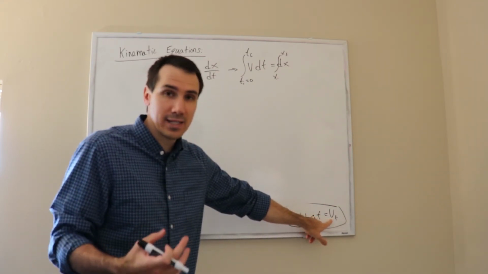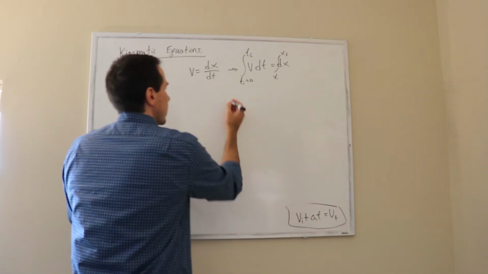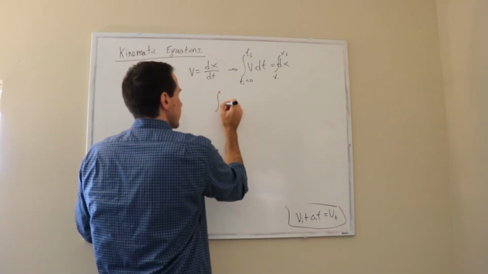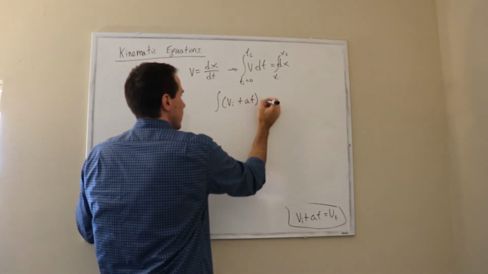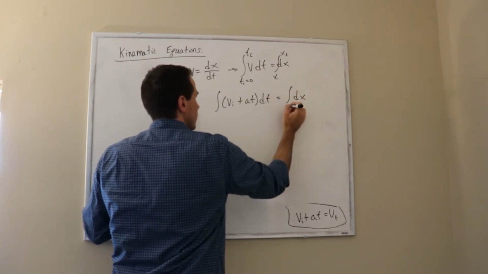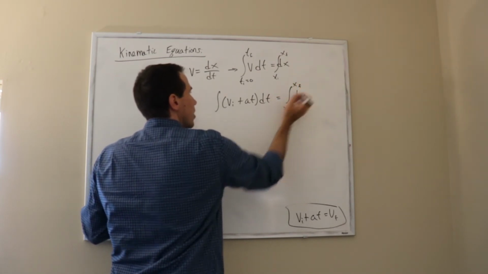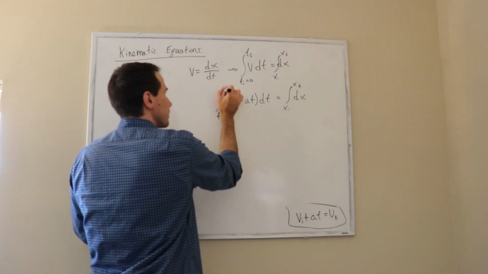This is my velocity at some time t. So what I need to do is I'm going to say that this is the integral of v initial plus at dt, integral of dx. And I'll put my limits of integration in.